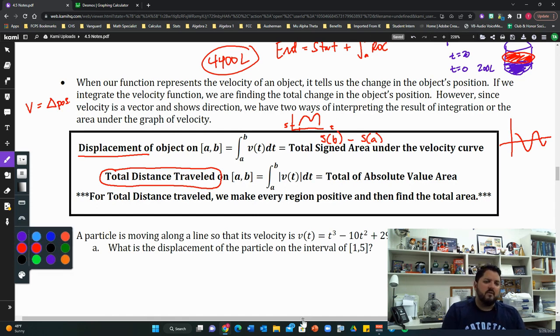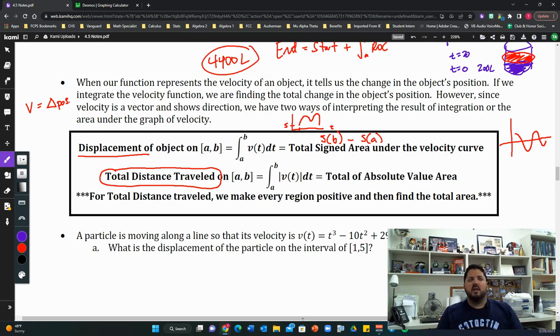But when I take the absolute value of any function's graph, remember it's a folding action. Any negative portions of the graph now become reflected up, and it actually creates those sharp turns. So these negative area regions would actually be flip-flopped up above this graph, so that all of the area would be positive, so that when we total them all together, the negative and the positive don't cancel each other out anymore.